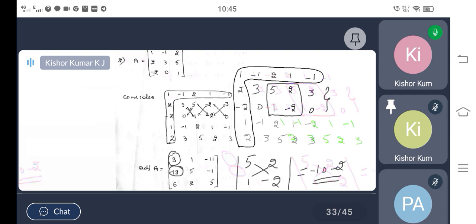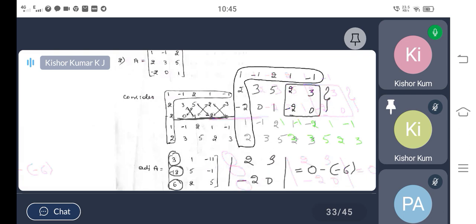So minus of minus 6 gives 0 plus 6. So by doing this determinant, I have got the first column. We have to move on to the next column to get the second column answer.